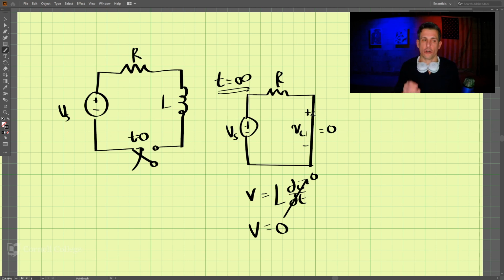So in a short circuit, there is no voltage drop across the inductor here. So just remember these two things. After a long time, the current across a capacitor is 0, and after a long time, the voltage across an inductor is 0.